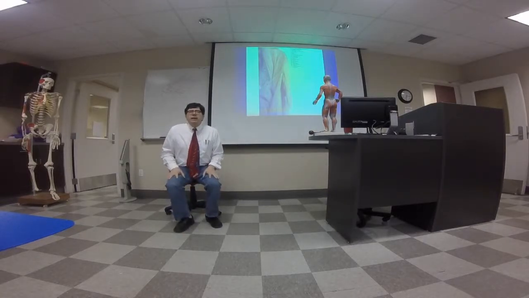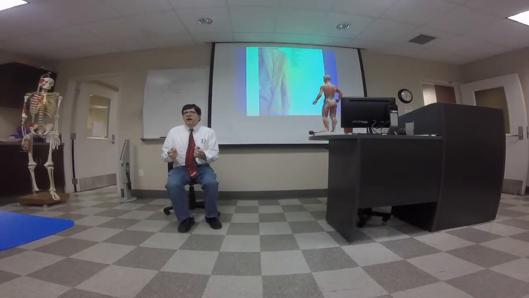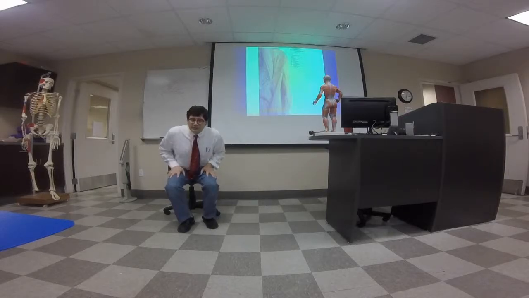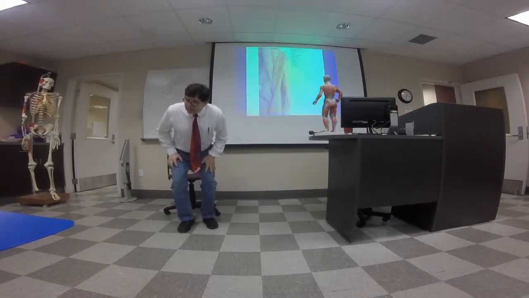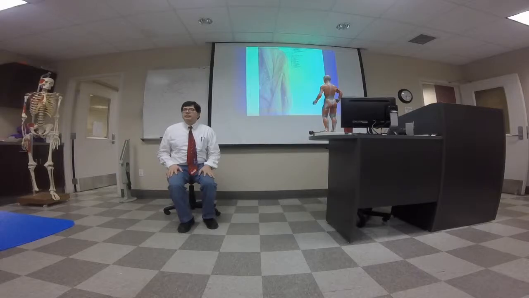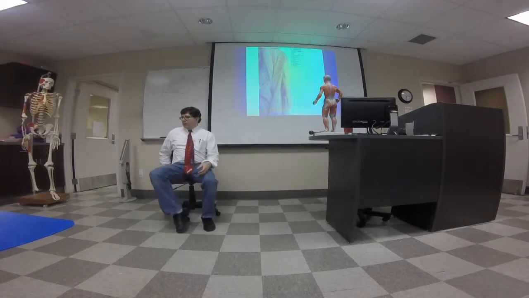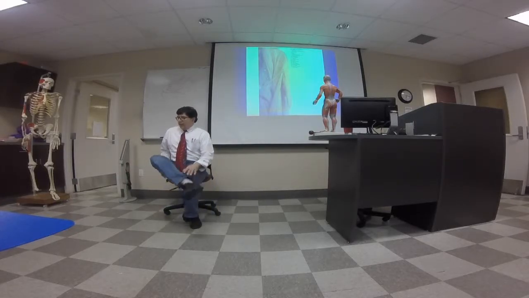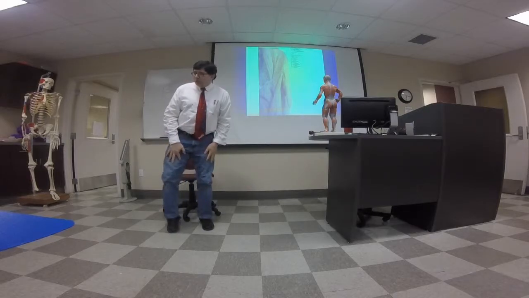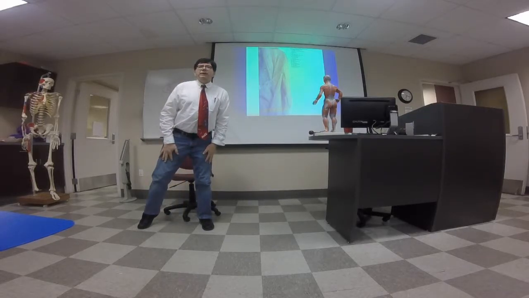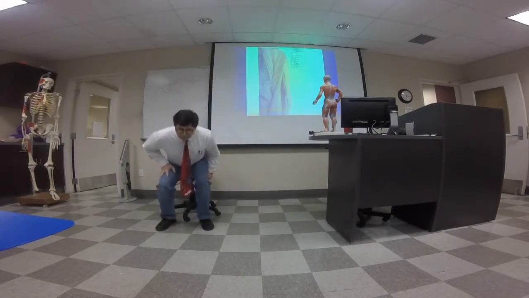Now, all of the movements involved in crossing your legs are mediated by the sartorius. For instance, to sit like this, to cross my leg, I have to flex my thigh at the hip. To cross my leg out like this, I have to move my leg out. What is that movement called? Abduction.